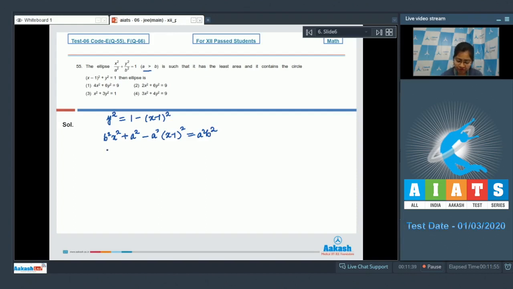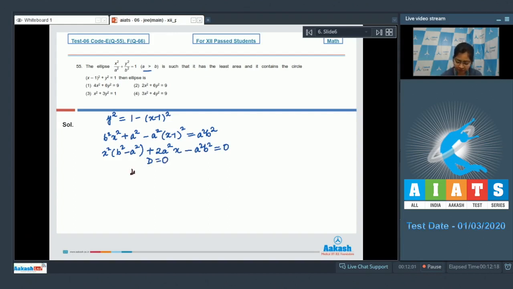So we have the coefficient of x² as b² − a², plus 2a²x, plus a² − a² will be cancelled, minus a²b² equal to 0. Now for this one, the discriminant should be equal to 0.